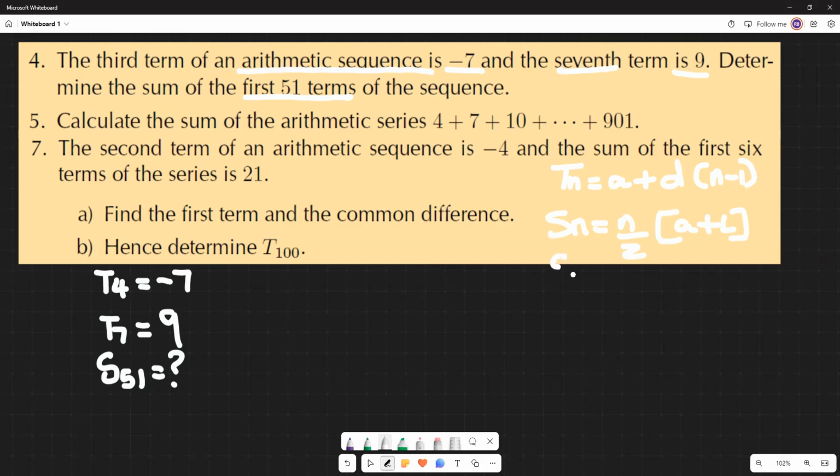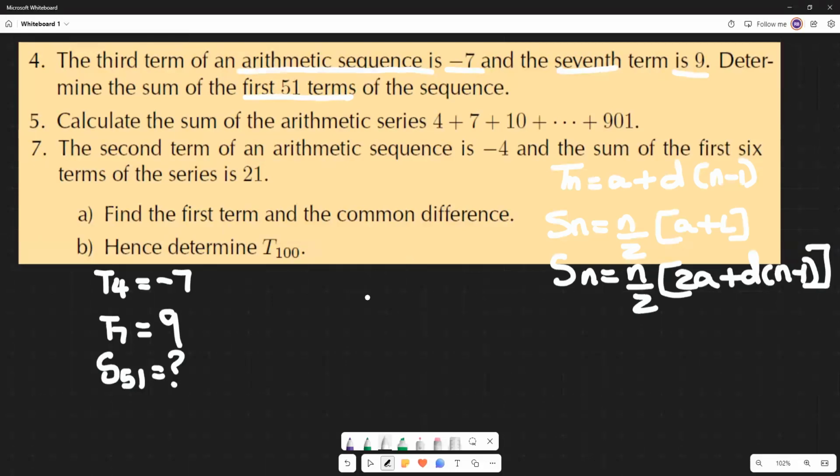Or you can use this one: Sn is the same as n over 2 (2a plus d(n minus 1)). Those are the 3 formulas that you are always going to be using for an arithmetic pattern.